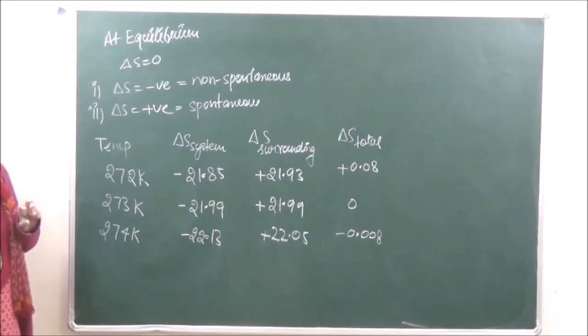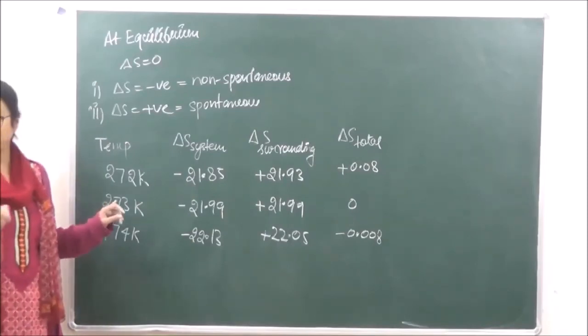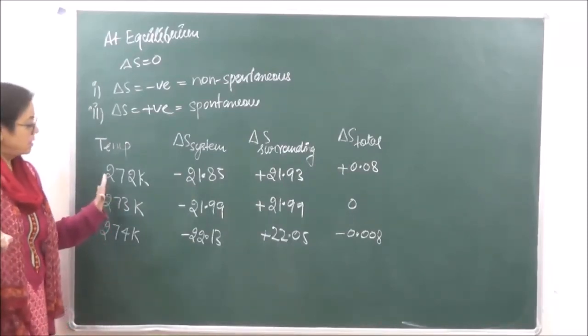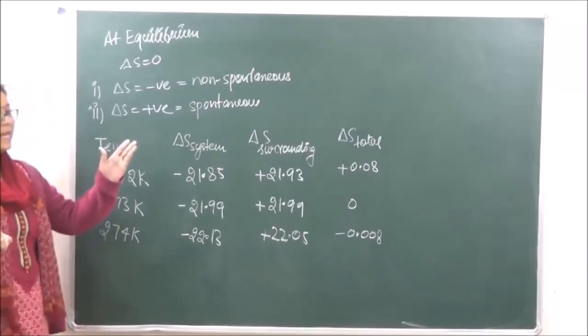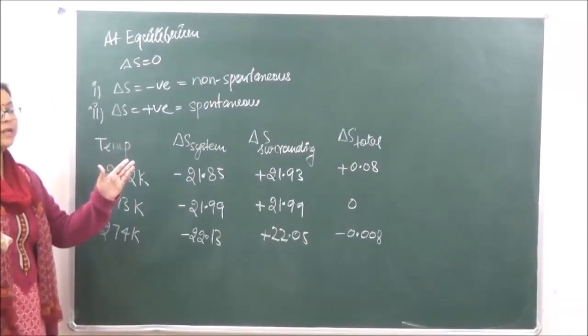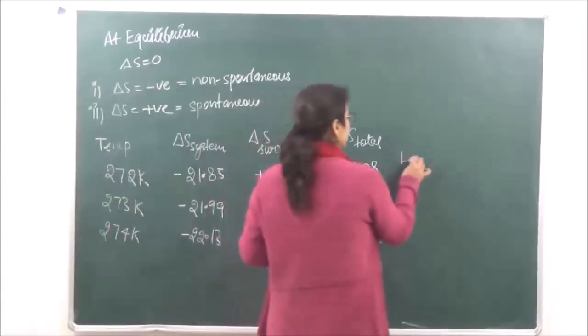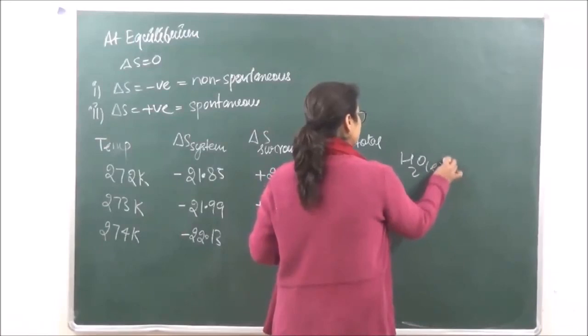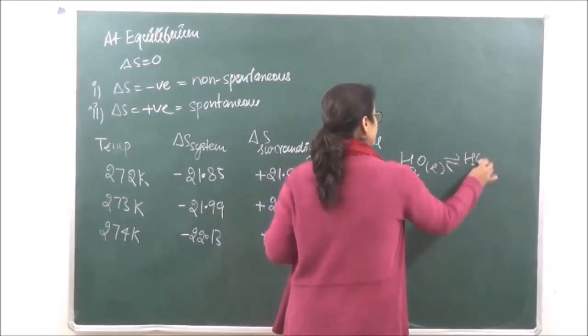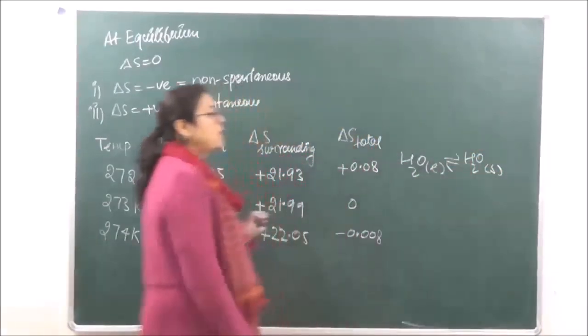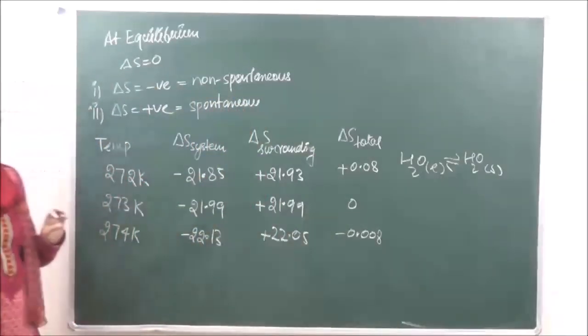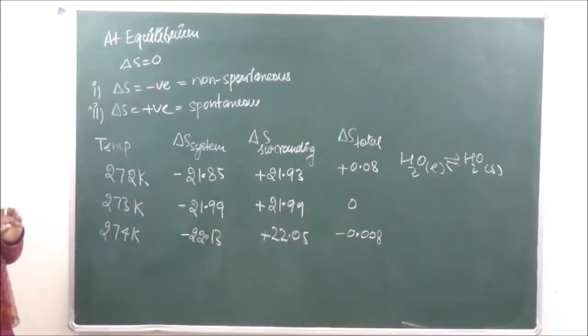Clear? So what we are getting from this is that at a temperature of 272 Kelvin, delta S total is 0.08. So the conversion of liquid water to ice, H2O liquid to ice, is going to be spontaneous.